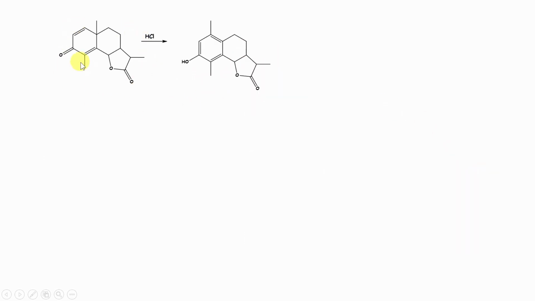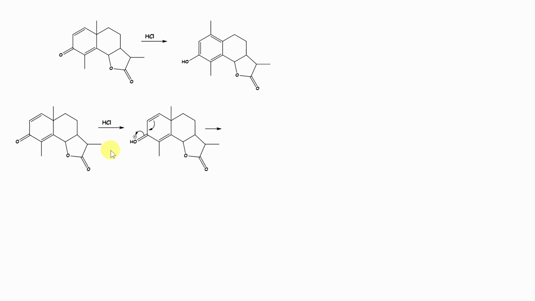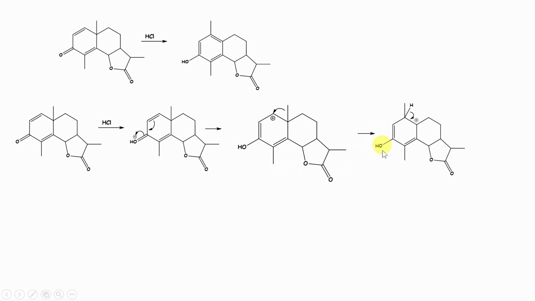See this example of dienone-phenol rearrangement. This, on treating with HCl, undergoes dienone-phenol rearrangement to form this phenol. See the mechanism of the reaction. As in the previous case, protonation of the dienone takes place to form this protonated dienone, then shifting of pi electron towards oxygen, leading to the formation of a secondary carbocation, and then a 1,2 alkyl shift takes place here to form a more stable tertiary carbocation.